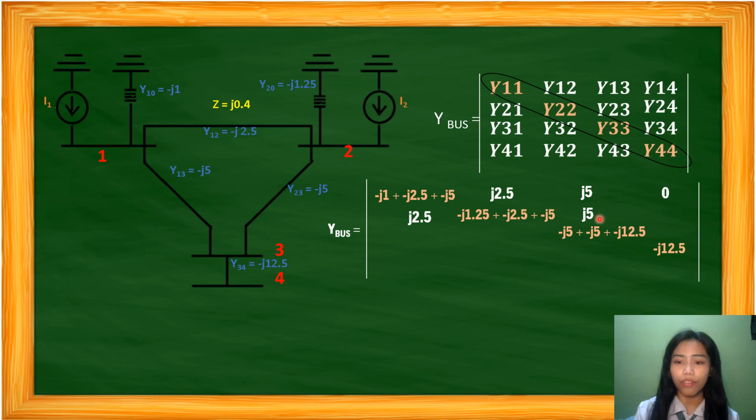Y23, J5. Y24 is also 0. Y31 is J5. Y32 is J5 also. And Y34 is J12.5. Y41 equals 0, and also Y42. Y43 is the reciprocal of this negative J12.5, then we have J12.5.